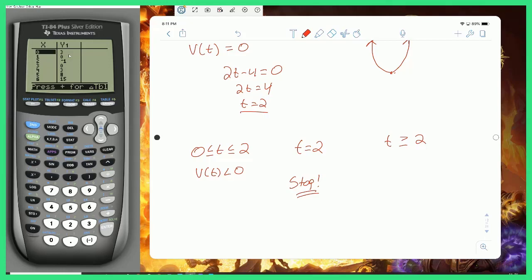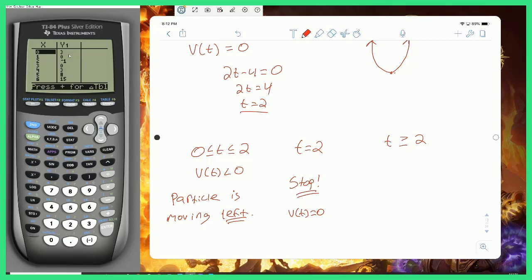That tells us that the particle, whatever this thing is that's moving, is moving, we'll just say right and left for now, so we'll say left, okay? And then the particle is going to stop at t equals 2, since the velocity is equal to 0.